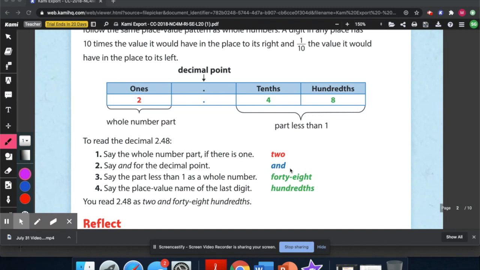The reason I stress this is because a lot of people don't realize this and is a decimal point. Because, for example, Mr. G is not going to come up to me and say, hey, Mrs. G, I really want to get a new pair of shoes and it costs $263. I'm going to look at him crazy because I'm thinking he wants to buy these shoes that are $263.